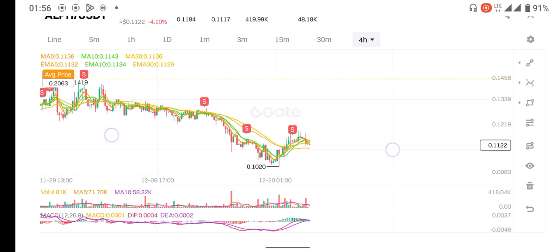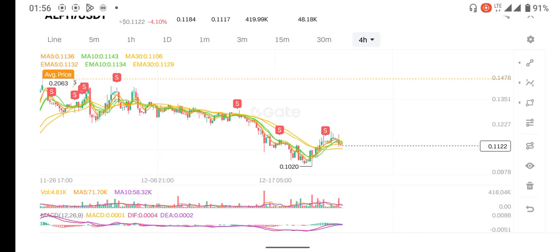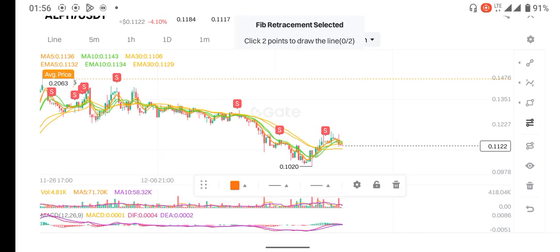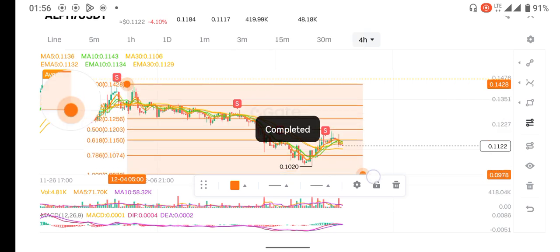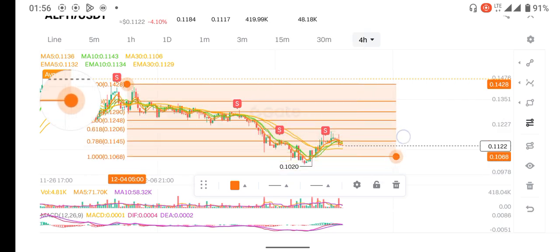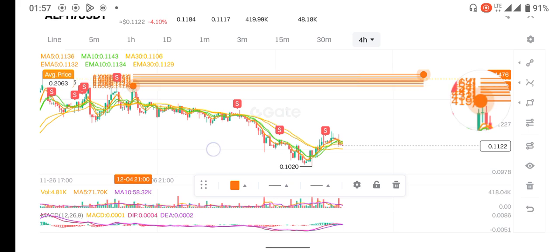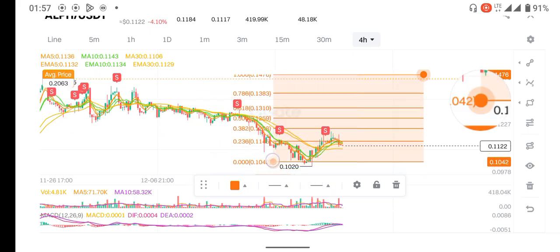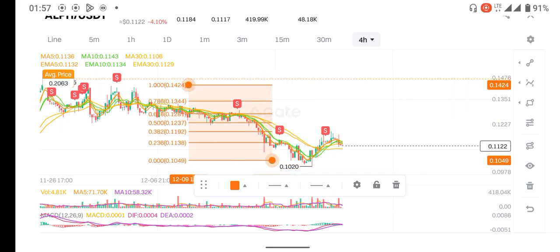At this point, I would like to pull out my Fibonacci retracement to see where the price can reverse in the longer distant future. So we'll do this.